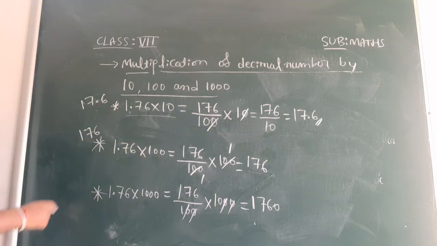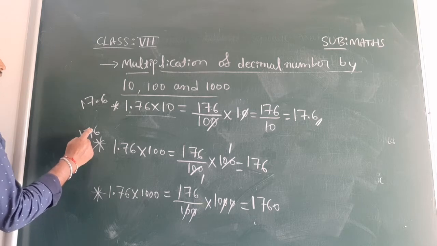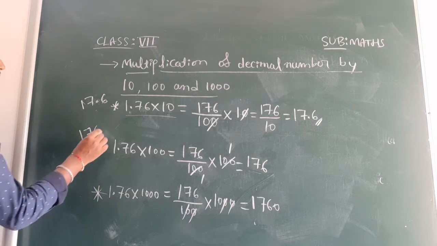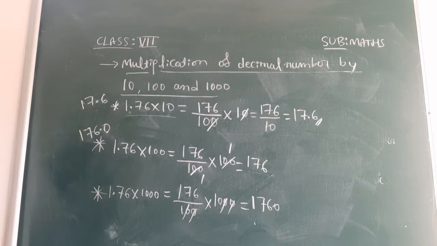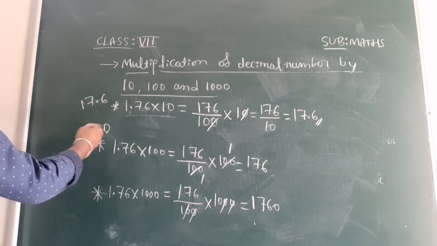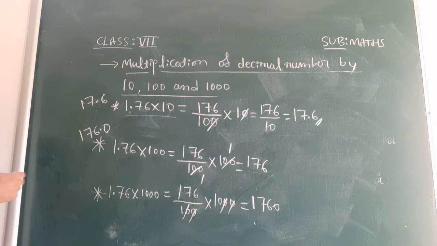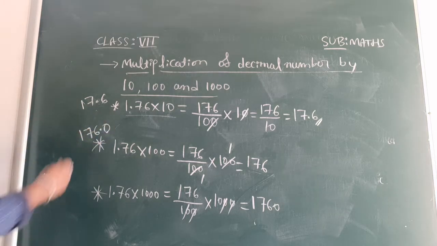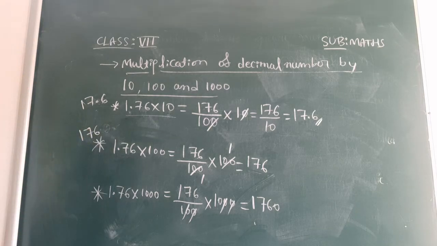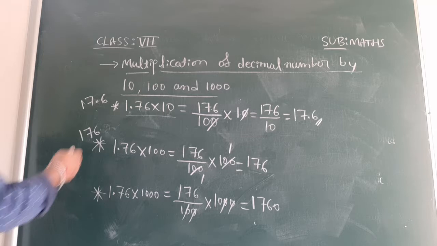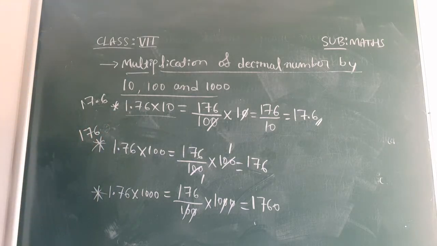Okay. So what I did here, I moved the decimal point 2 steps towards the right side. So what do you get? 176.0. After that decimal point we don't have any value here, so we will consider 0. 176.0 is nothing but 176 only. After that decimal point, if you have only 0 you can consider the whole number only, that is 176.